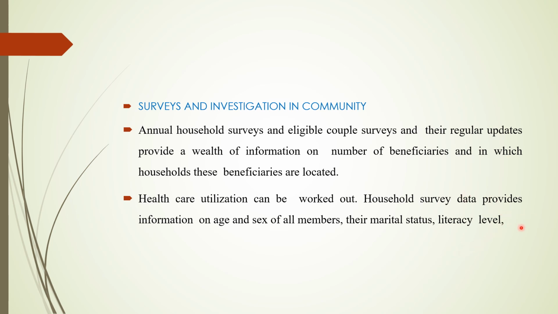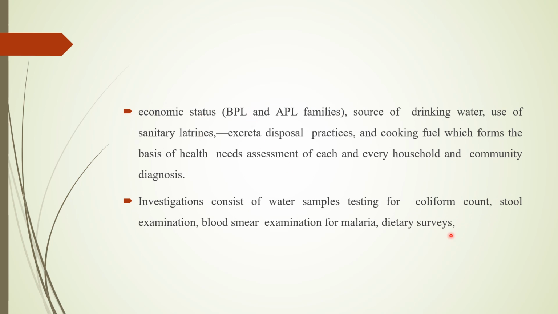Household survey data provides information on age and sex of all members, their marital status, literacy level, economic status, source of drinking water, use of sanitary latrines, excreta disposal practices, and cooking fuel, which form the basis of health needs assessment of each and every household and community diagnosis.